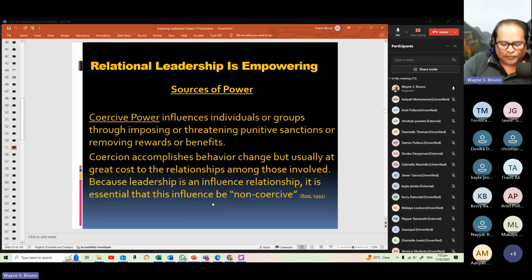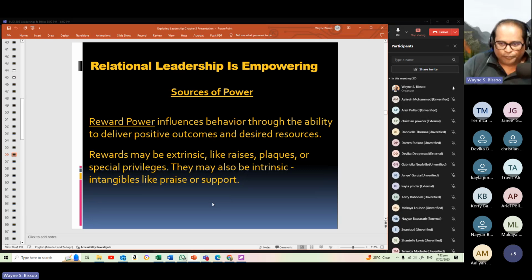So coercive power is those things you do to force people into accomplishing the goals of the organization, and reward power will also be giving people things like raises and plaques, not monetary in nature, but just recognition and those types of intrinsic things that make people feel, hey, you did a good job. This is really good, and it's reinforced across the board.